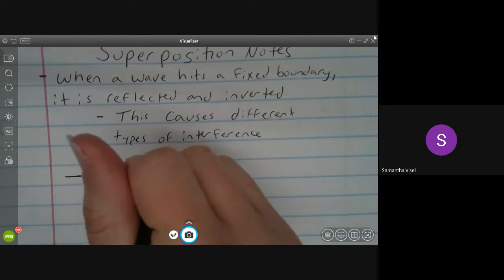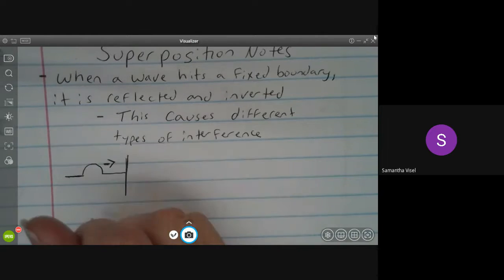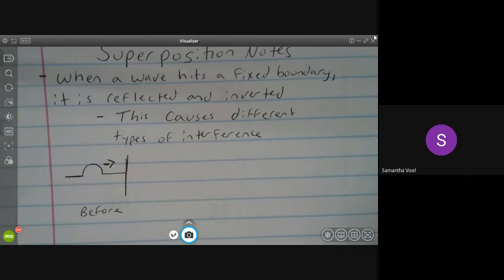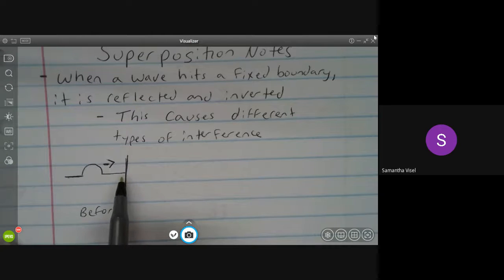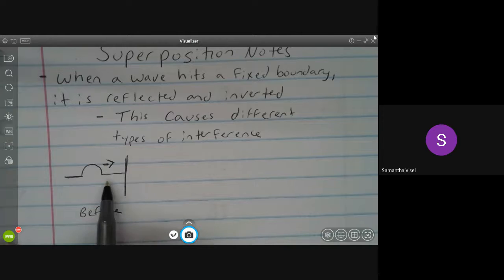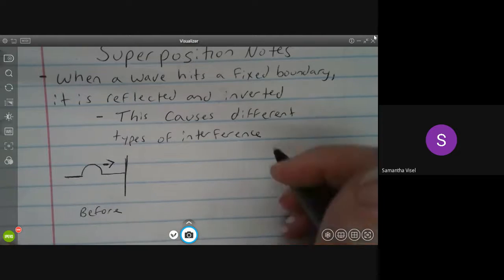This wall is my fixed boundary. The wave's going to travel along the medium, and we're going to assume conservation of energy, so no energy is going to be lost as it's traveling. So it's going to approach the wall.